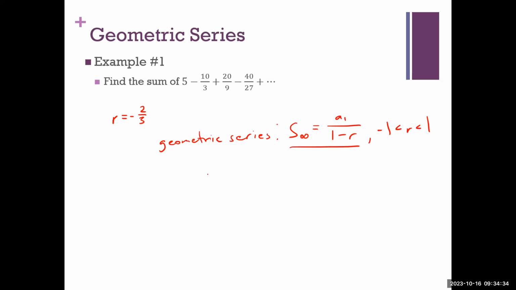So now can we find the sum of this series? What's A1? 5. What's my denominator? 5/3. So the infinite sum of this series should be 5 over 5/3.